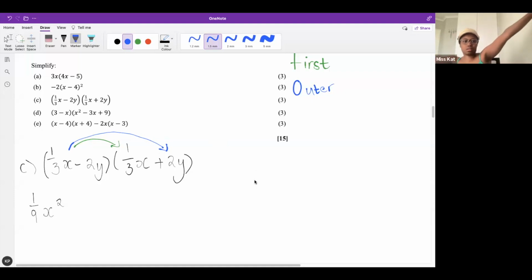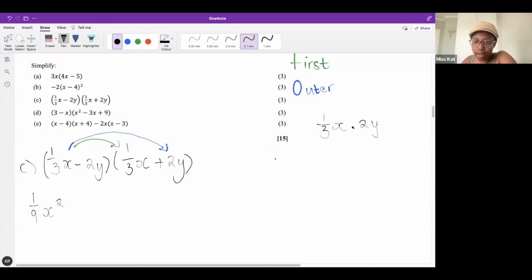So way outside of each other. Now, what's a third x times 2y? 1/3x multiplied by 2y. Nice, Abu. Plus 2/3 xy.